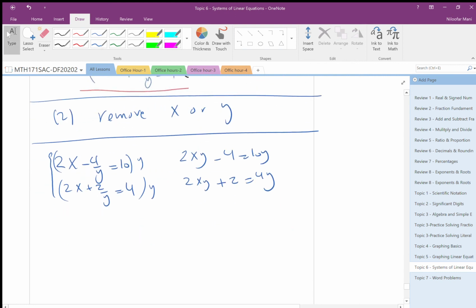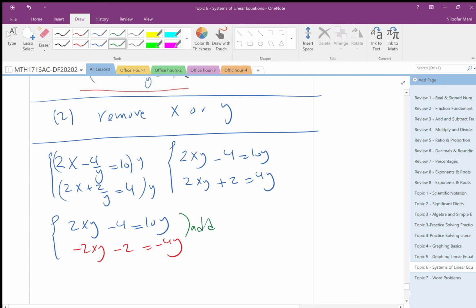And then I can simplify. Okay, so I can say I multiply this one with minus. So I do minus 2xy minus 2 equal minus 4y, and then I add them because then I can remove xy.